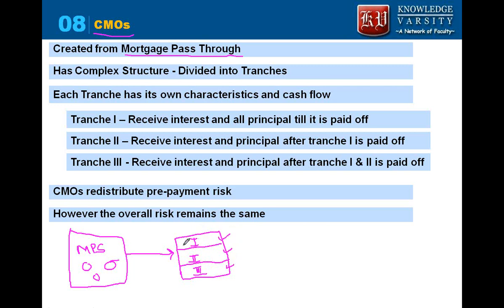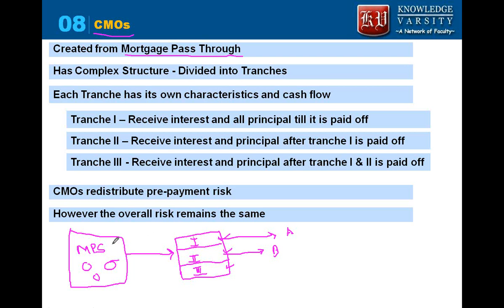Three types of bonds are created out of this pool. A bond A is created from tranche 1, and a bond B is created out of tranche 2. So what are the characteristics of these tranches?